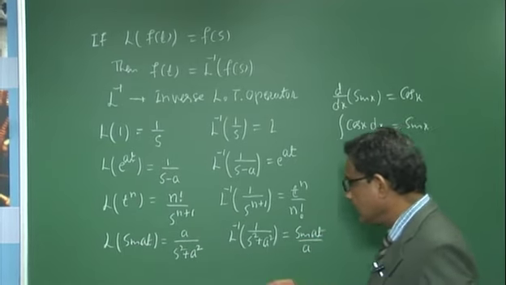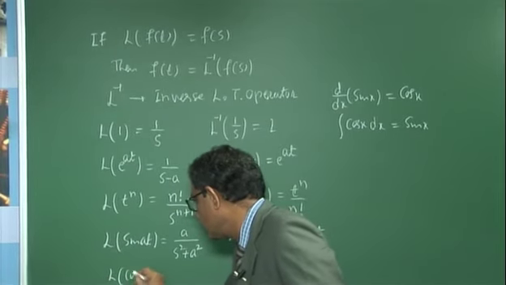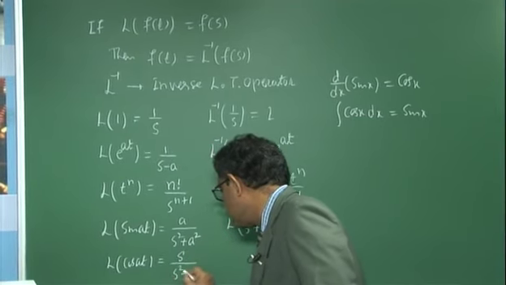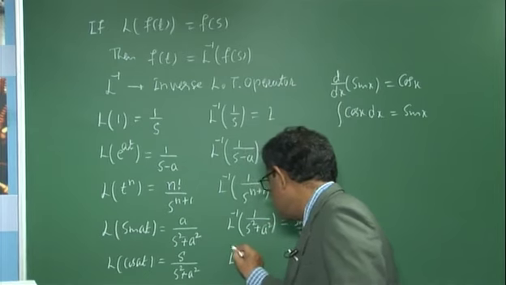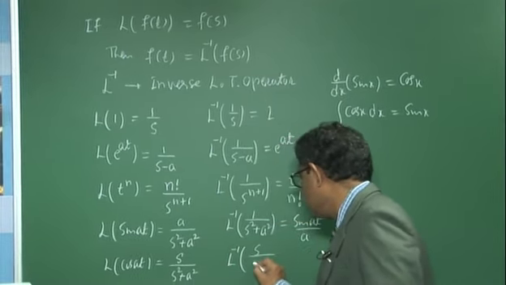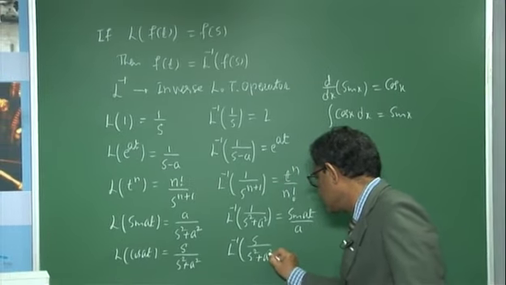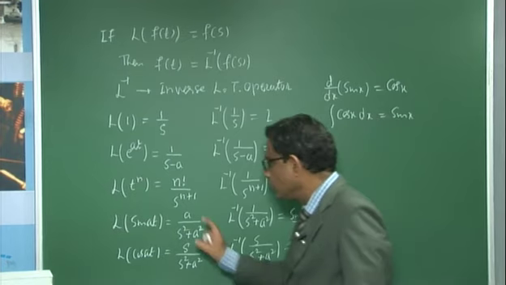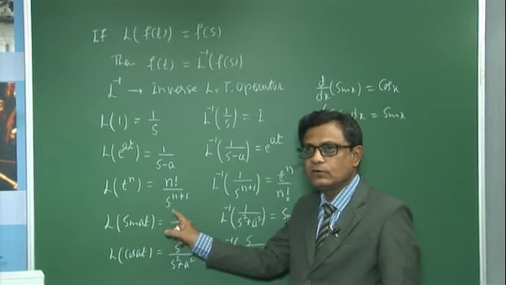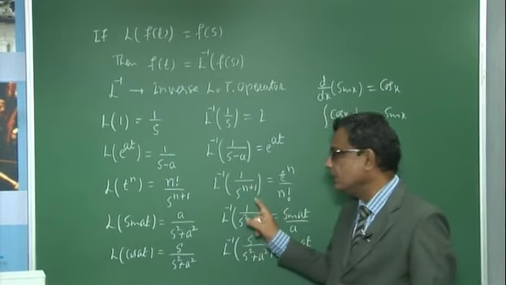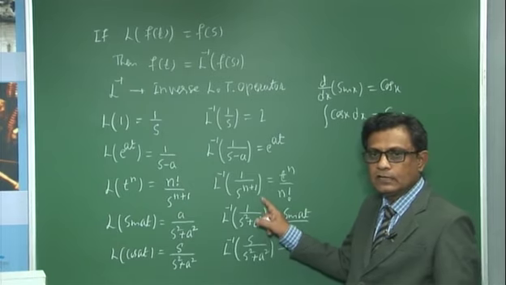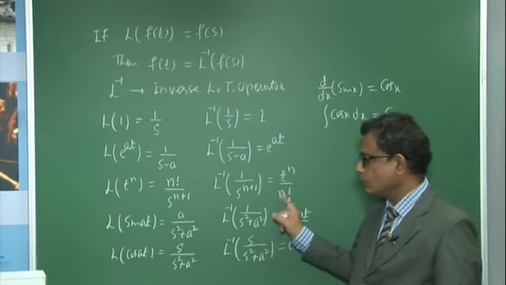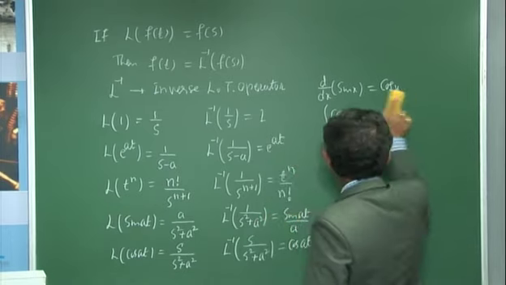Similarly, we can write the next formula: L of cos at is s divided by s square plus a square, that is L inverse of s divided by s square plus a square is cos at. If you know the Laplace transform formulas, we can easily write the inverse Laplace transform formulas.